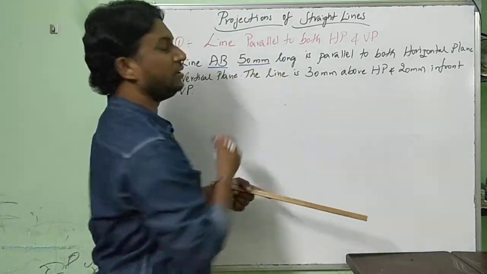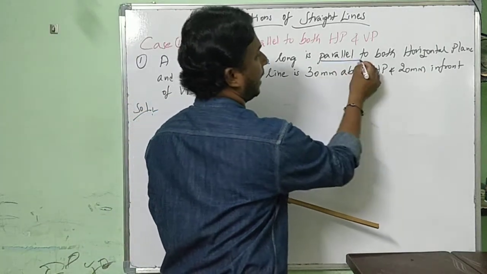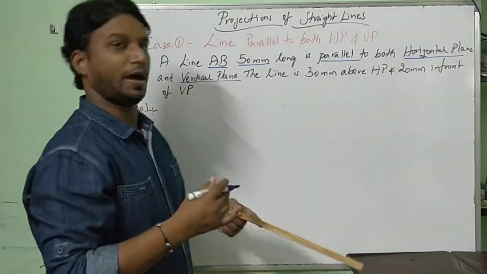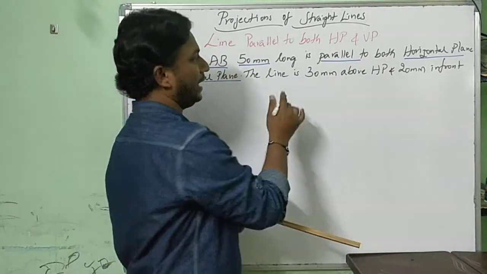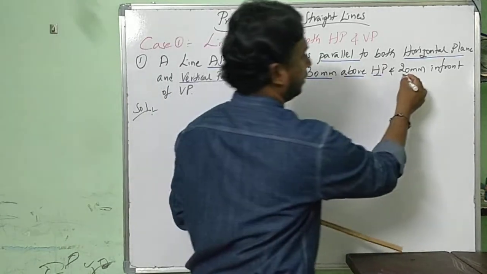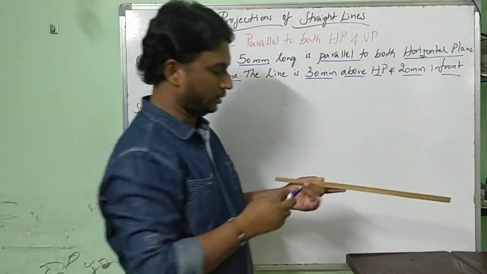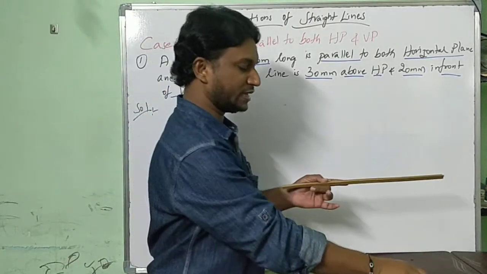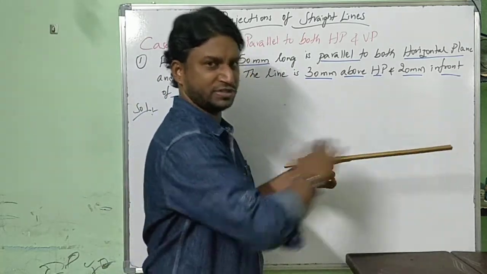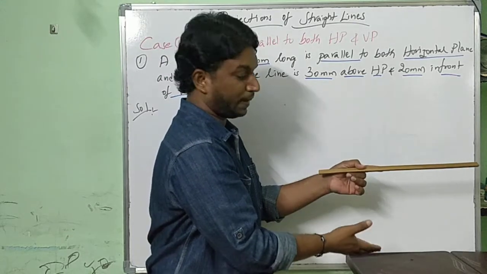What is the length given? 50 mm. He is giving the location as parallel to both the horizontal plane and the vertical plane. The line is 30 mm above HP and 20 mm in front of VP. So if you consider this as the position, end A and end B of a straight line 50 mm long are parallel to both.